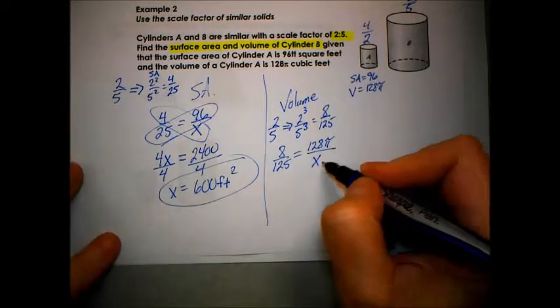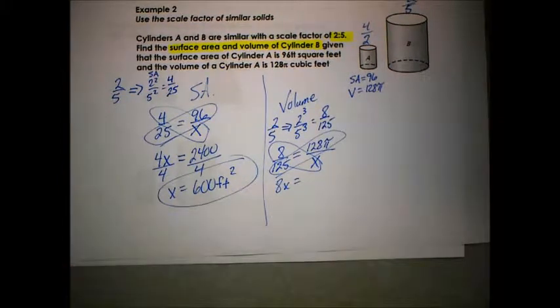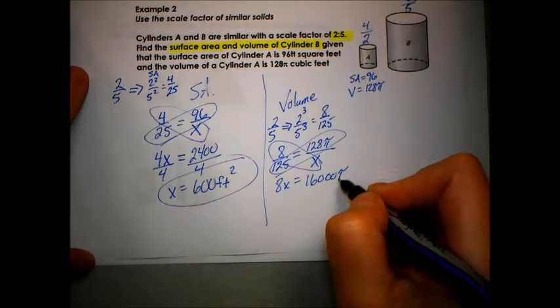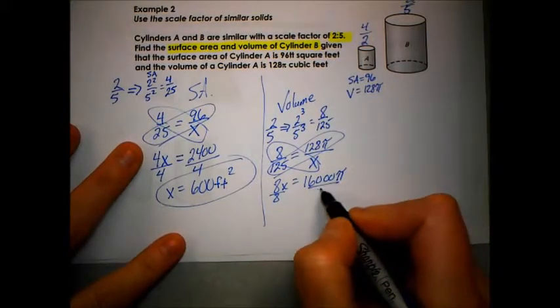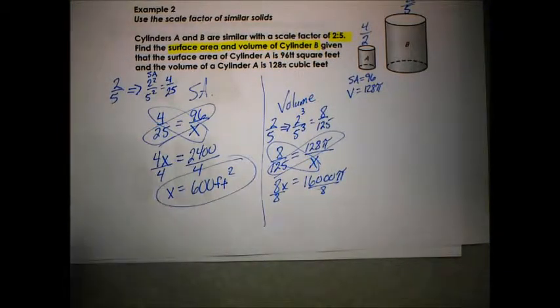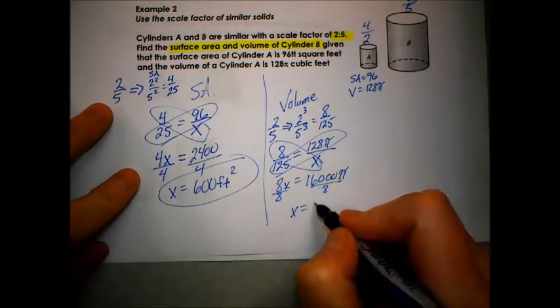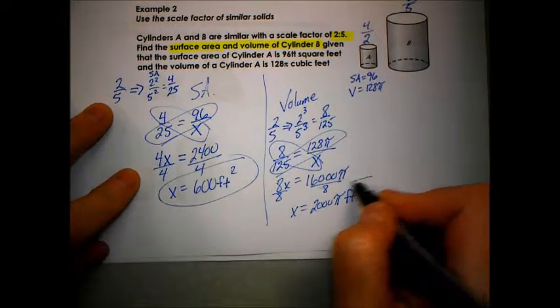Once again, I want to cross multiply. And I'm not going to use the pi just yet. I'm going to leave it as 1600 pi. I'm going to divide by 8. And that gives me that the new cylinder is 2000 pi feet cubed for its volume.